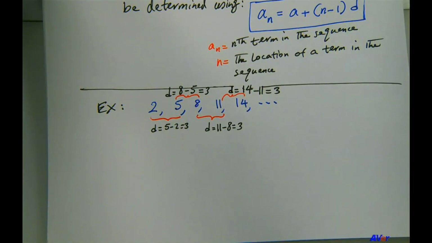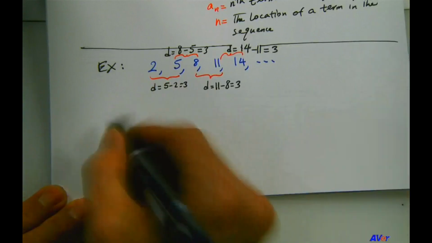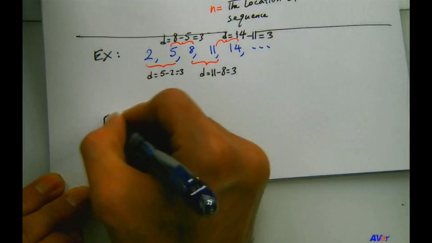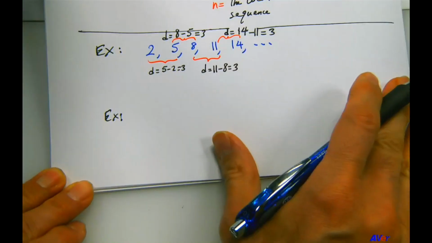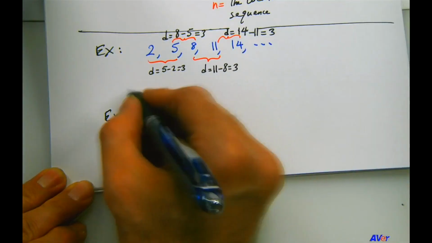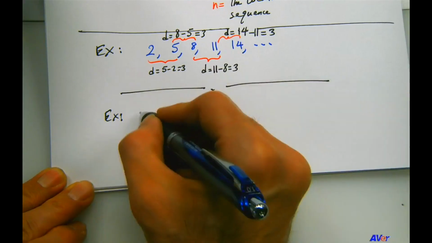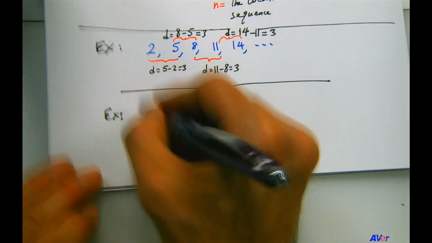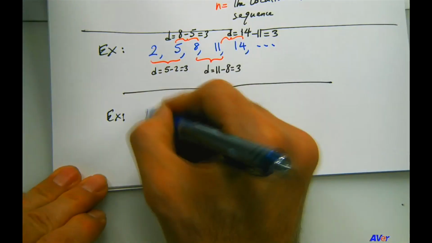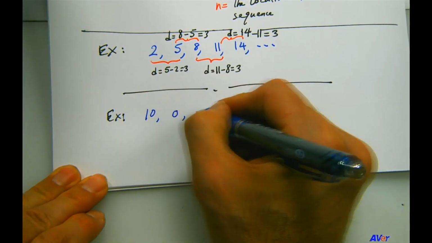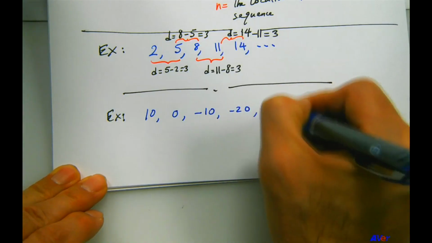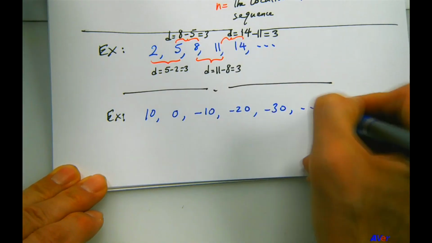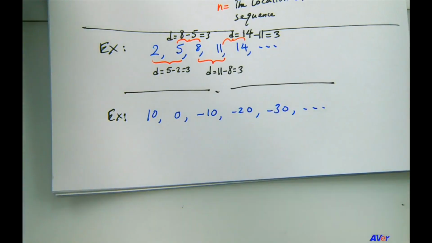As a matter of fact, let's show an example like that very quickly here. You could have a sequence like this: 10, 0, -10, -20, -30, and this is once again an infinite arithmetic sequence.